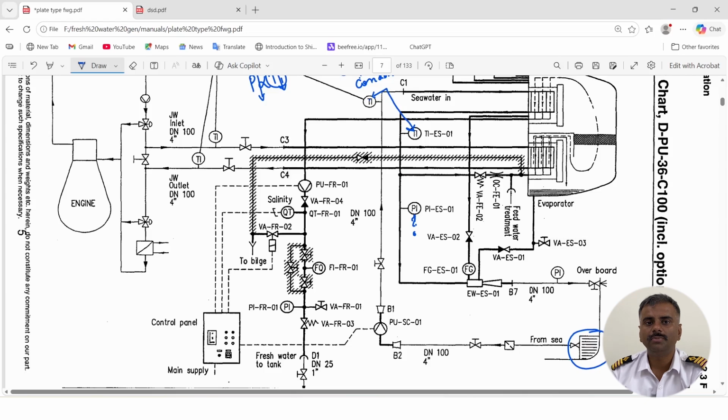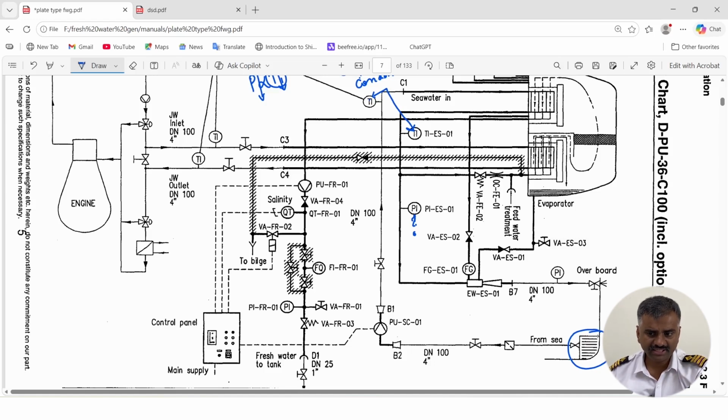Why so? Because the vessel might be loaded or in light draft conditions, but in the low sea chest section you will always have seawater present. In the high sea chest, maybe it will rise above the water because of the draft condition.